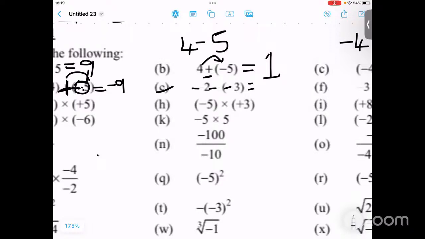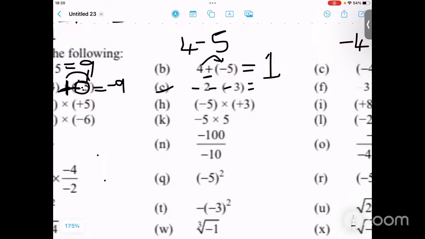We're going to calculate the signs, then the numbers. How are you calculating the signs? Yes, ma'am. You're going to say minus, multiply a minus, and then we'll get a positive, I think, or a negative.